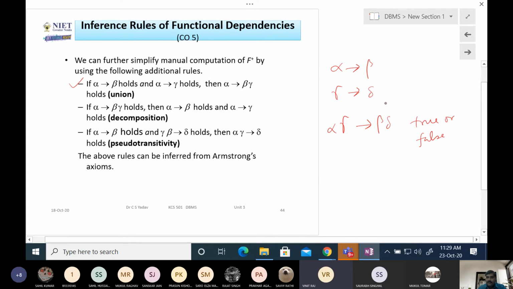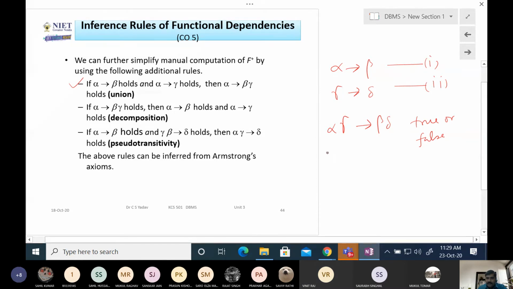We will apply augmentation with gamma. This is the first equation, this is the second equation. In which equation will we do augmentation? In the first equation we will augment by gamma.